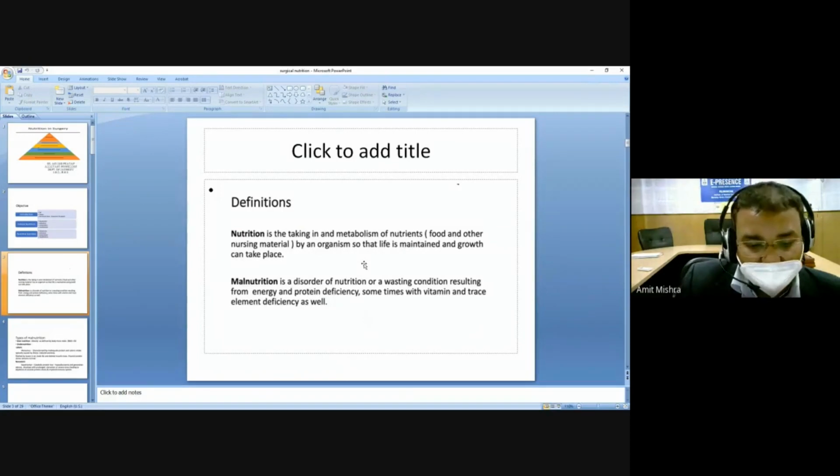So why is it very important to know about nutritional deficiency? These are basically the obstacles which delay recovery.